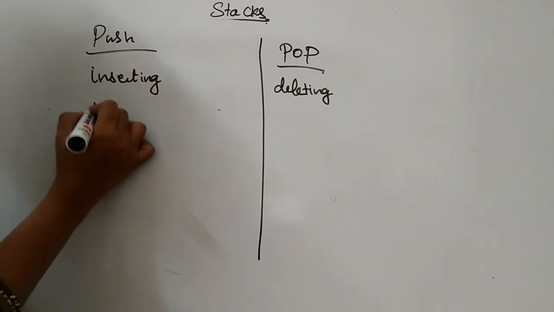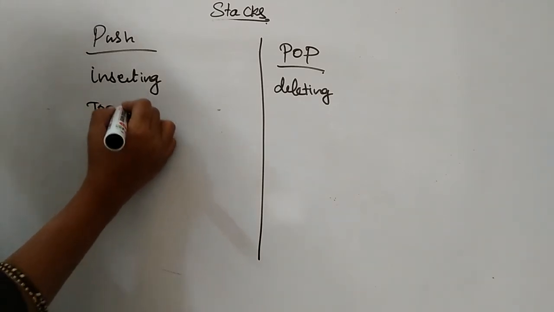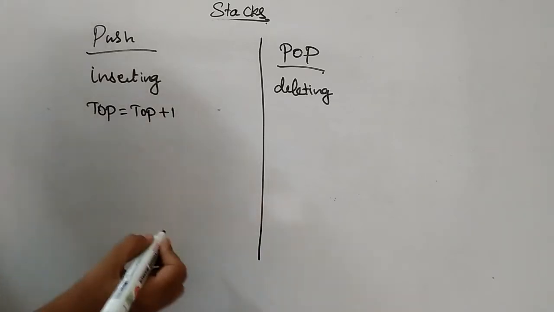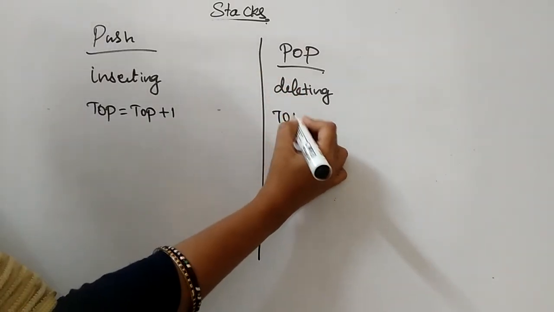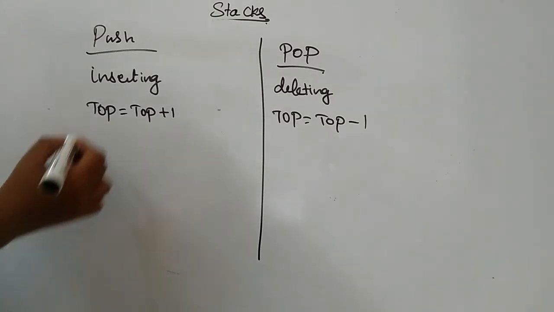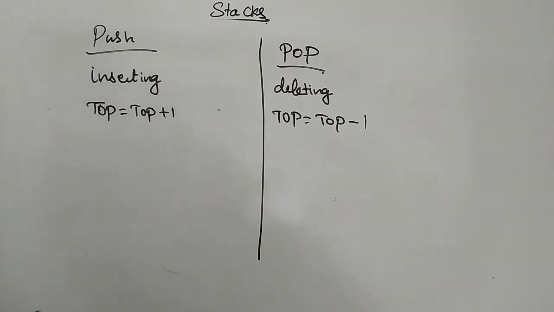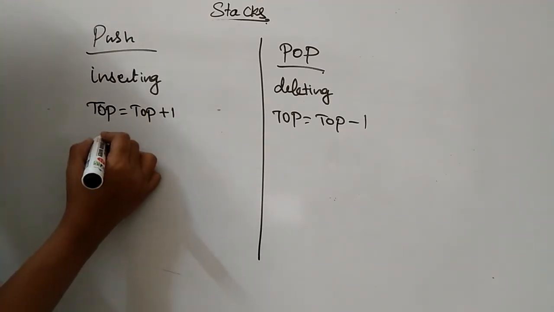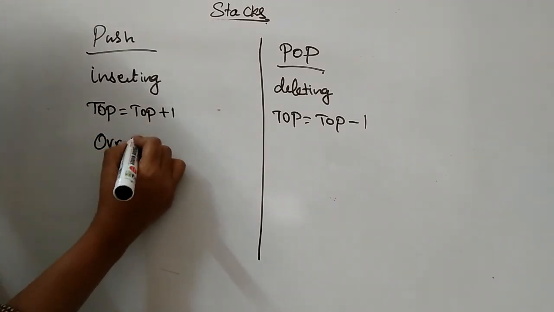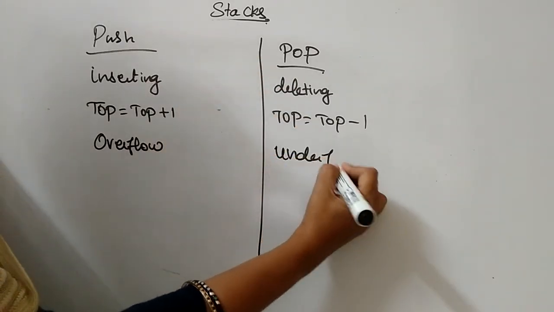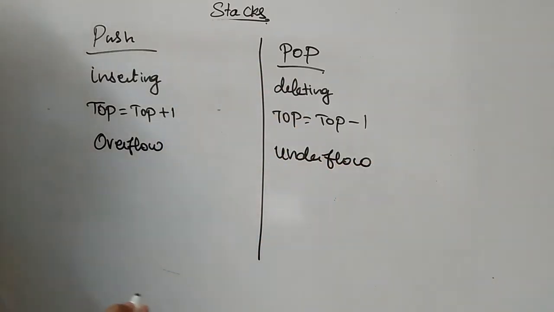While doing the push operation, the top pointer will be incremented by 1. While doing the pop operation, top will be decremented by 1. And next, whenever you do the push operation, you will check for the overflow condition, and while doing the pop operation, you will check for the underflow condition.